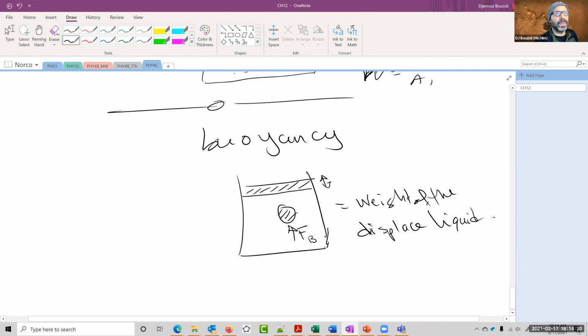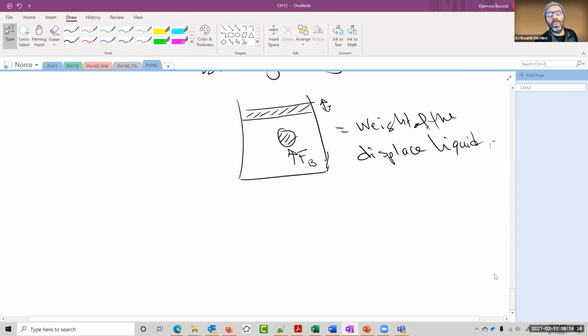So any object that is either completely immersed or partially submerged inside a liquid will be subject to this force, the force of buoyancy, and the force of buoyancy is equal to the weight of the displaced liquid.